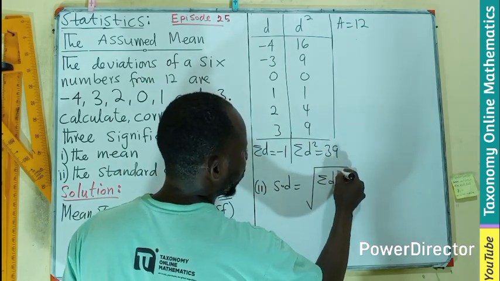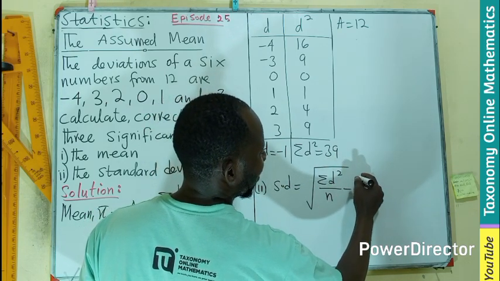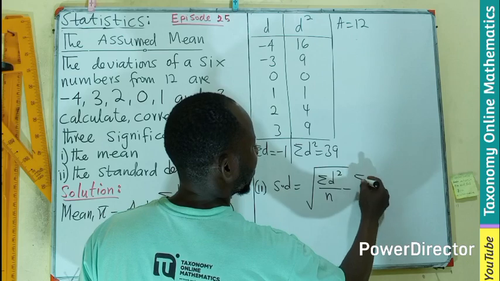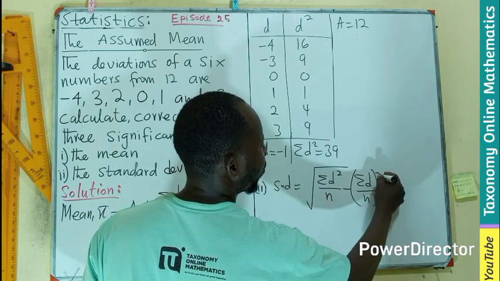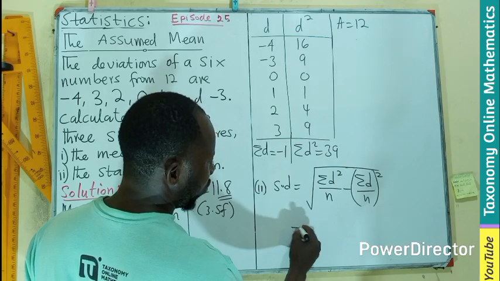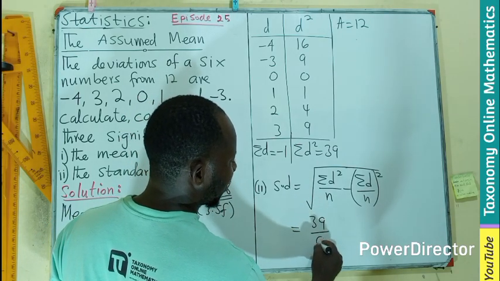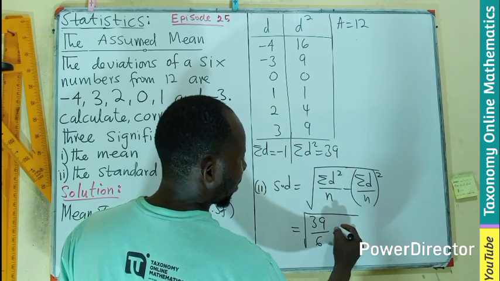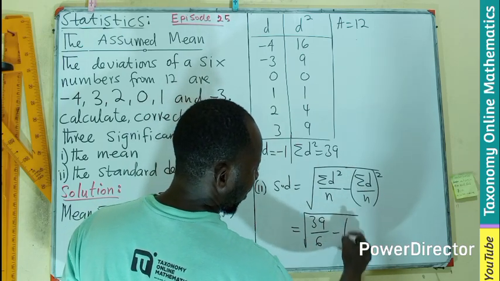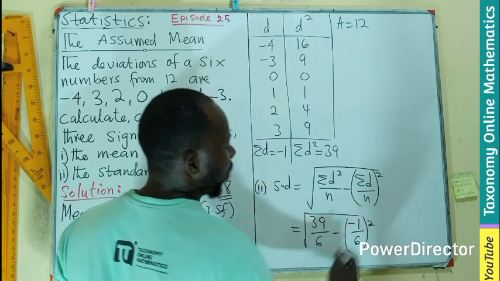Sigma d square over n minus, how do we find the mean? Sigma d over n, all squared. So let's do that substitution. We have 39 over 6 minus sigma d, which will be, okay, let's bring it here, -1 over 6, all squared.